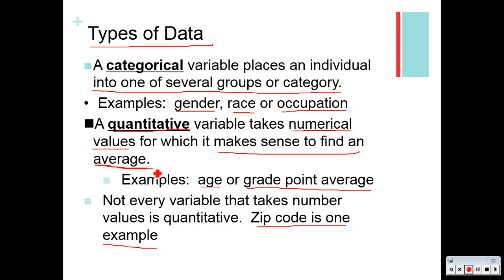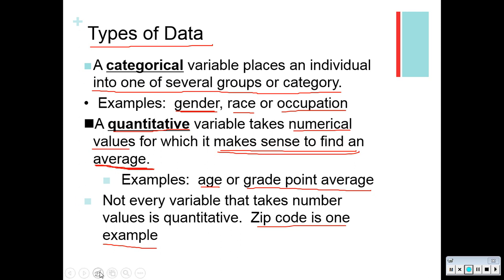So one of the things to keep in mind is that most variables that take on a numeric value are usually quantitative, and most variables that take on some type of word value, like for instance gender, male or female, are typically categorical. But once again, don't just assume that because a variable is numeric it has to be quantitative. For it to be quantitative, it has to make sense to find an average for a group of numbers.